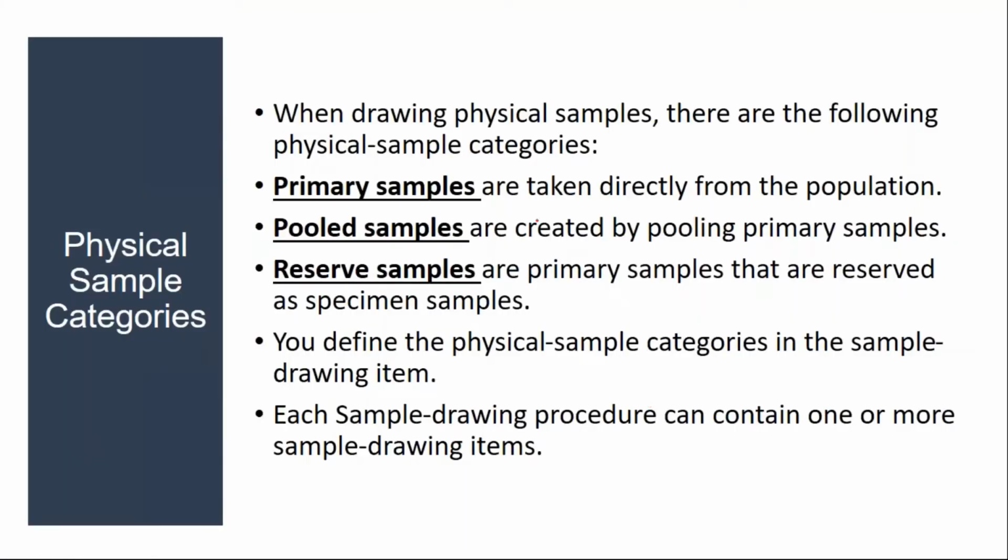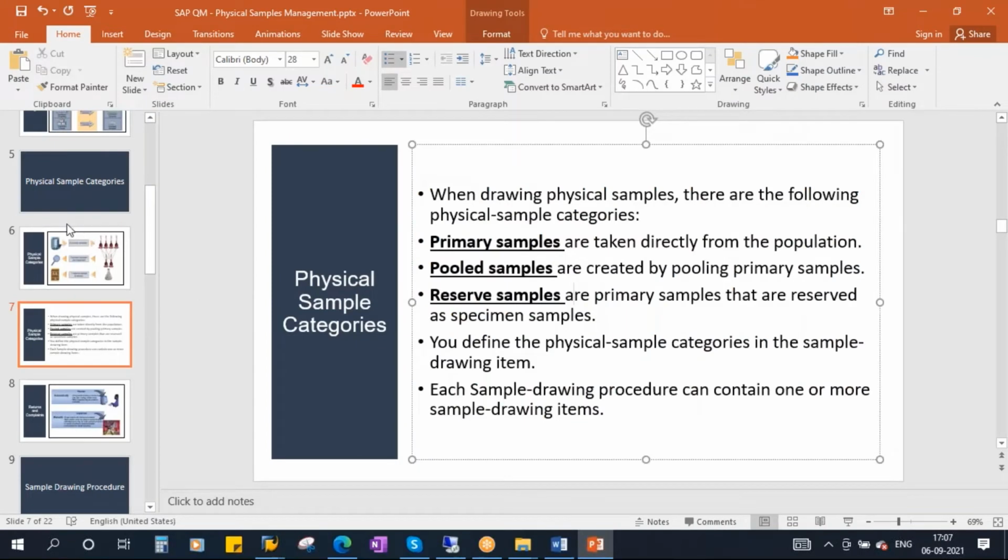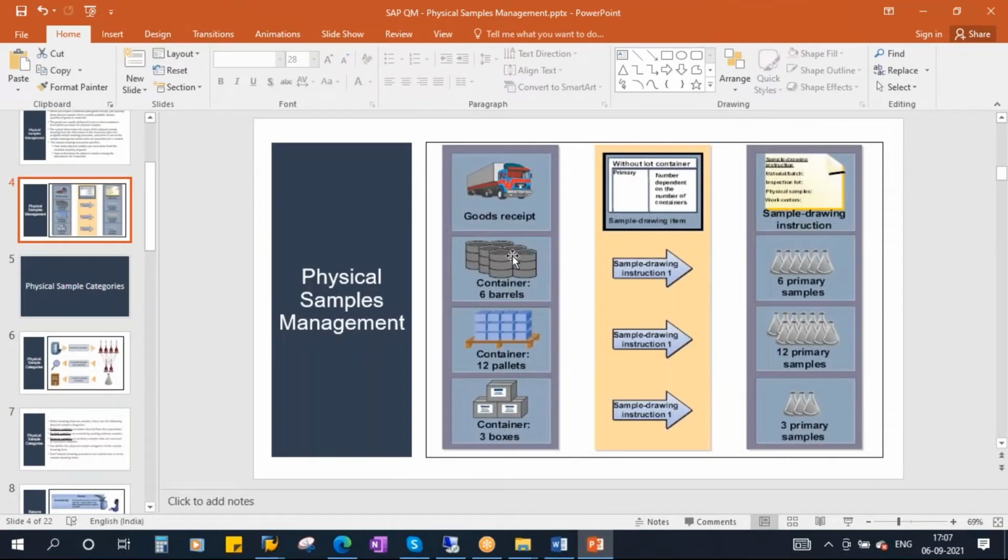When drawing physical samples, there are the following physical sample categories. One is primary samples. Primary samples are taken directly from the population, directly from your total quantity. Suppose you received the material in 6 containers, 6 barrels.